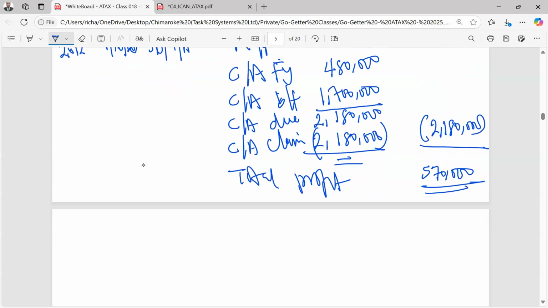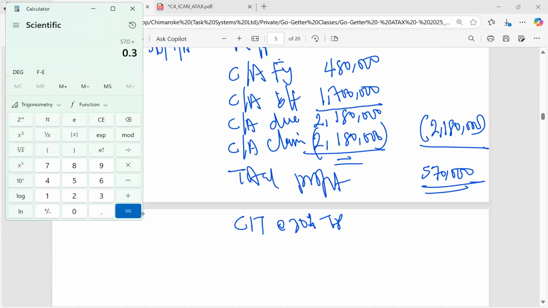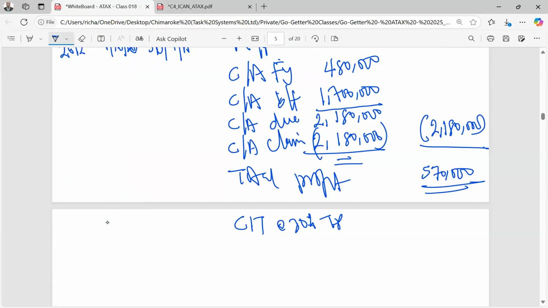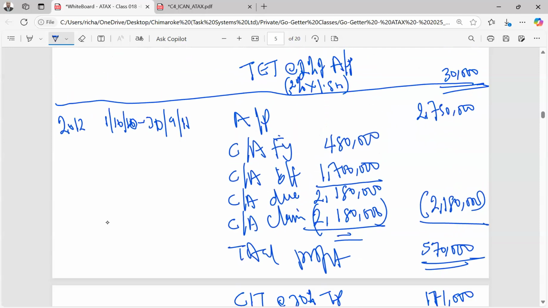570. So your CIT at 30% of total profit is going to give us 30% of 570. So let's times it by 30. It's going to give us 171. So this is going to give us 171,000. That's the tax. Tertiary education tax at 2% of assessable profit is going to give us, what was that? 2,750,000.